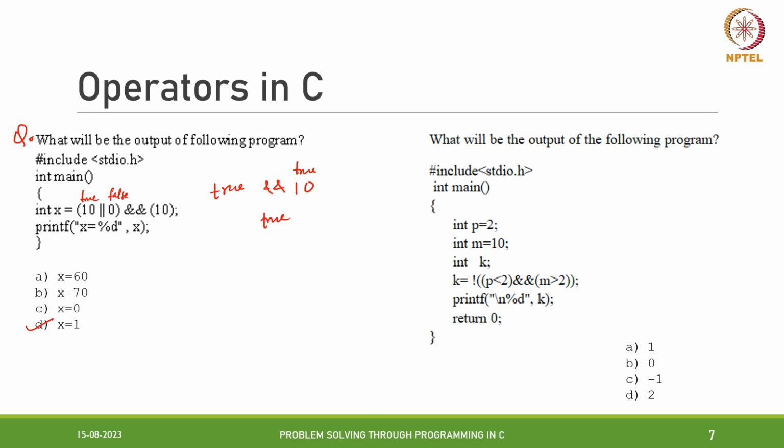Yes, sir. True is like any integer value is true, no? So then are we considering only one? So 10, 60 or 70? Yeah, but that happens only when, okay. So when the computer has to convert a boolean value to an integer value, it will only choose 0 or 1.